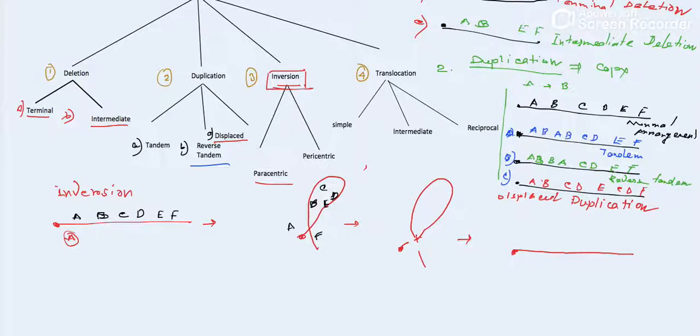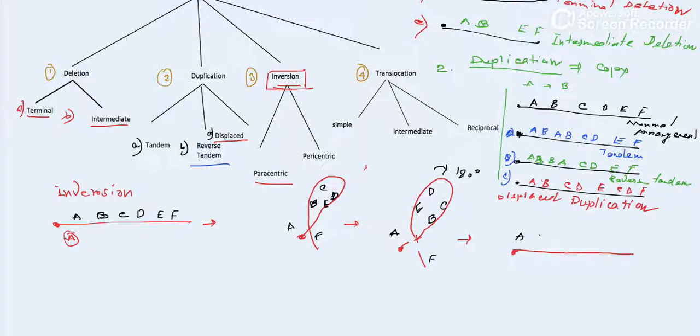In the second phase a 180 degree turn occurs, and after the turn, A remains in the same position, F remains in the same position, but E and D come here, and in a similar way, C and B come here.